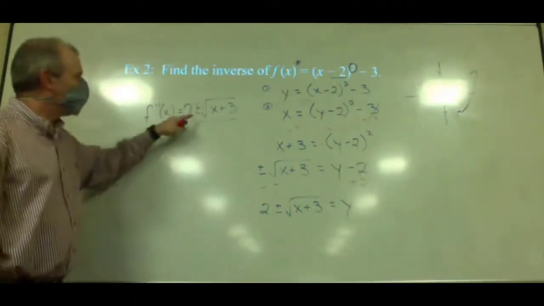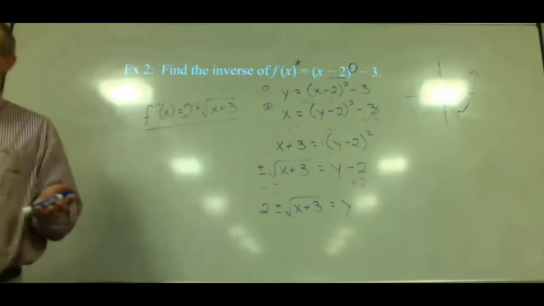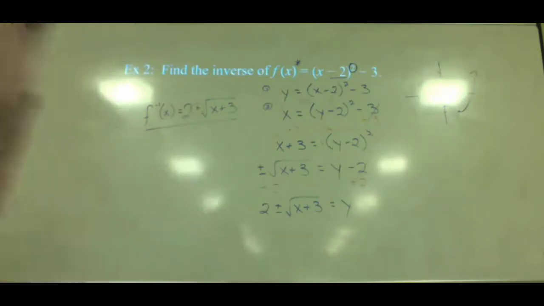What that'll do is take away the negative, and then we do have a function. But for this particular example, we hadn't talked about that yet. That is our inverse, f inverse equals plus or minus the square root of x plus 3. That shouldn't be a y, that should be an x. Sorry, that's a typo. Okay, do those steps make sense, as long as I put an x in there instead of a y?